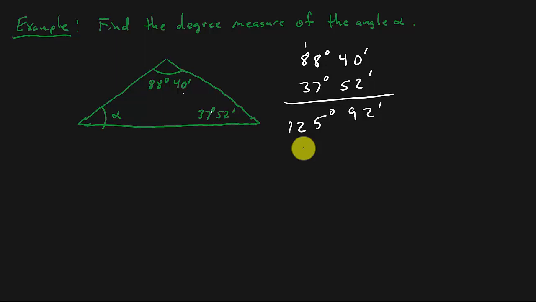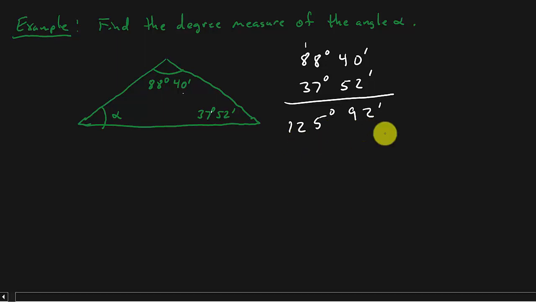All right. So here we go. We've got that. We got the 125 degrees, 92 minutes. But remember, see this 92 minutes, that's over 60, right? So I'm going to take a minute from here and I'm going to add it to this degree over here.